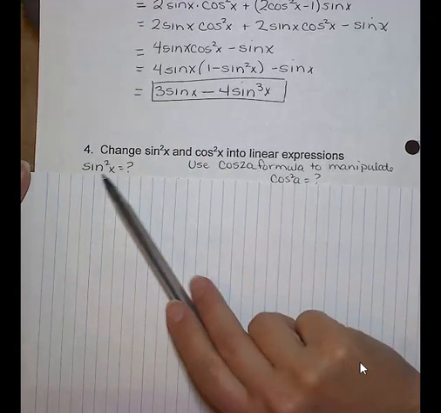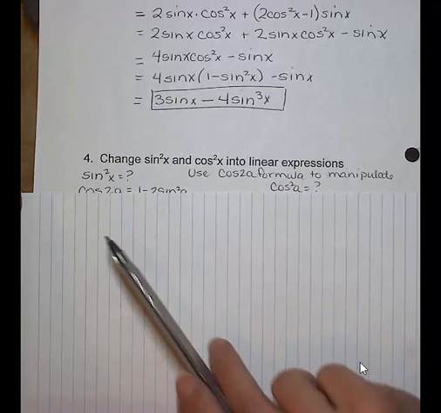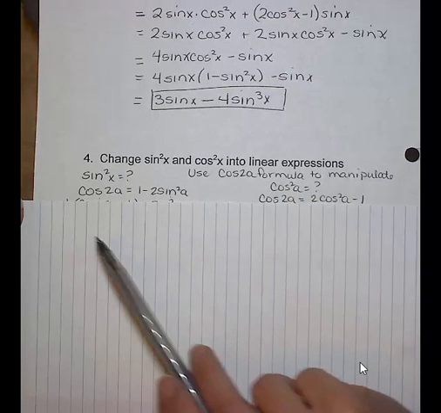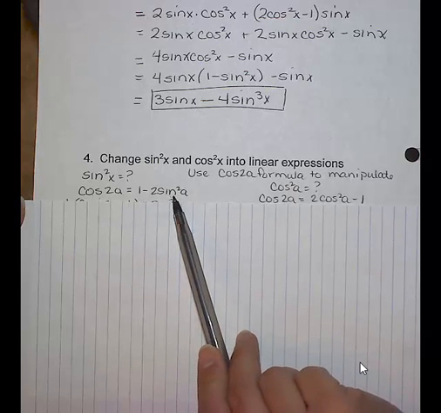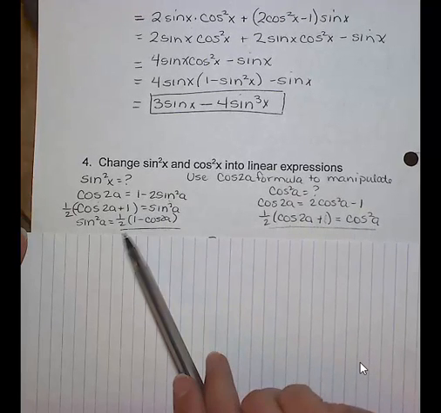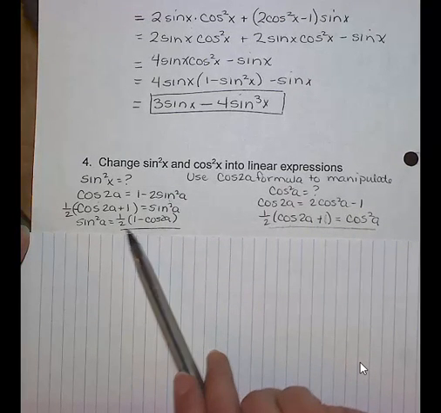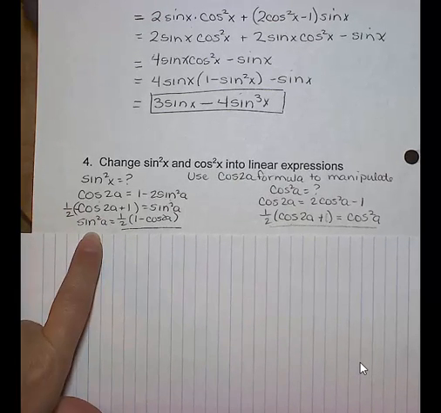So if we want to find sine squared, we can use that cosine double angle formula, which had a sine squared in it, and just subtract our 1, divide by negative 2, and we'll get sine squared equals 1/2, 1 minus cosine 2a. I think if you pick up your pencil and just manipulate that double angle formula, you can see how you'll get this.